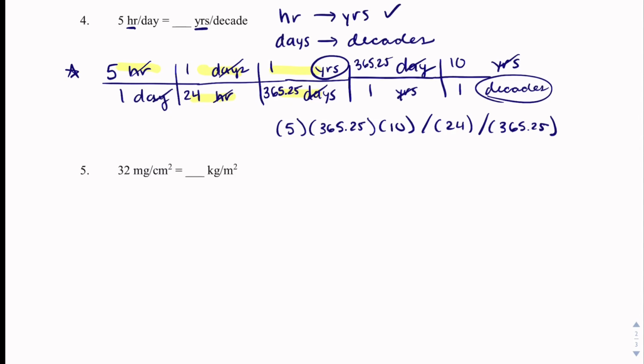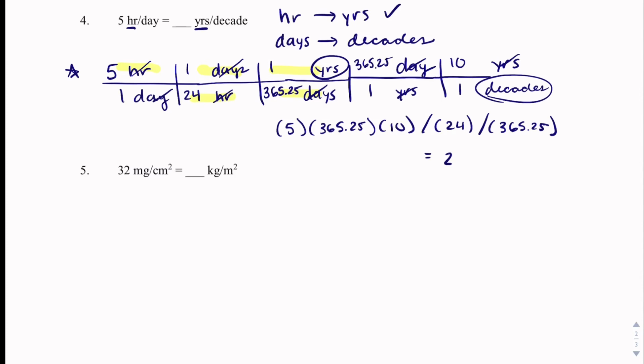It'll be interesting for me to see how many years you might be on your phone if you are on your phone 5 hours a day. Wow, that's kind of crazy.